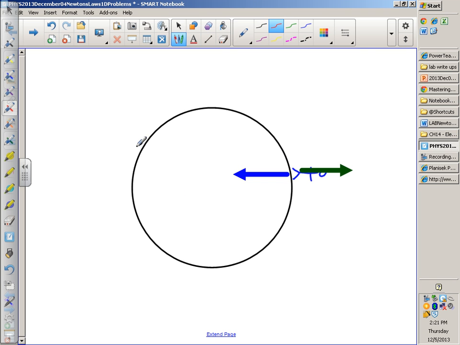But if there's somebody over here, not to scale, and they push on the Earth this way, the Earth pushes back on them this way. They go up, the Earth goes down. But what about these two forces? They cancel each other out. So everybody jumping at the same time doesn't really do us any good.